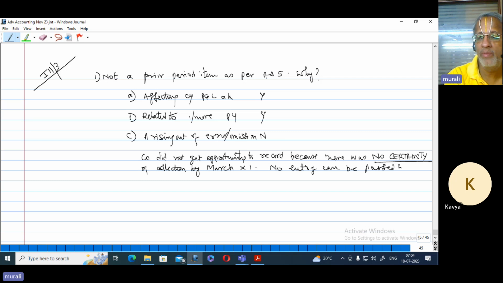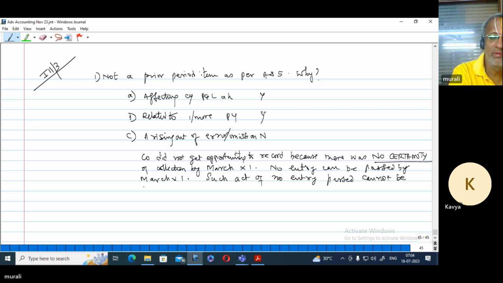No entry can be passed by March 20X1. Such an act of no entry passed cannot be taken as omission. Then what is omission?